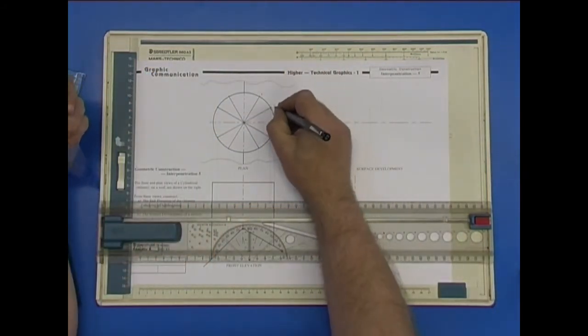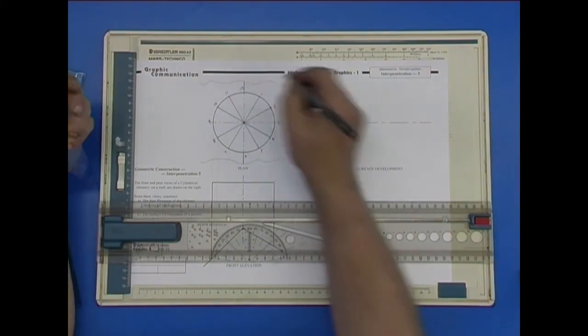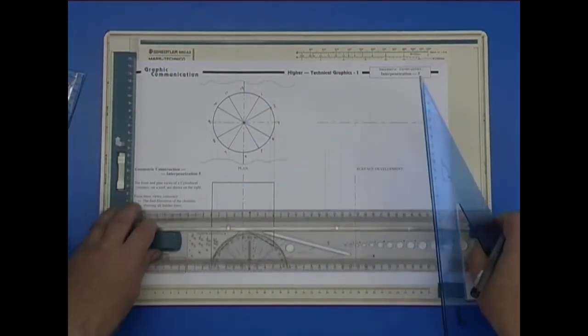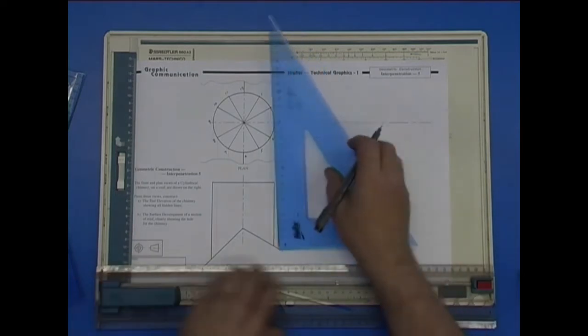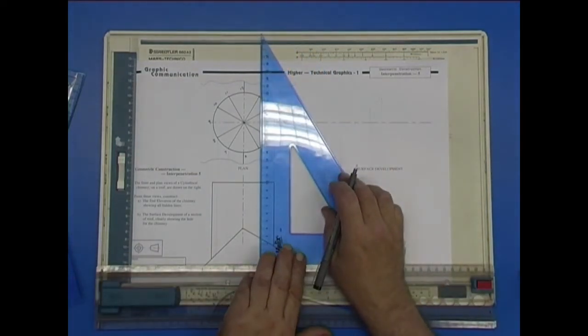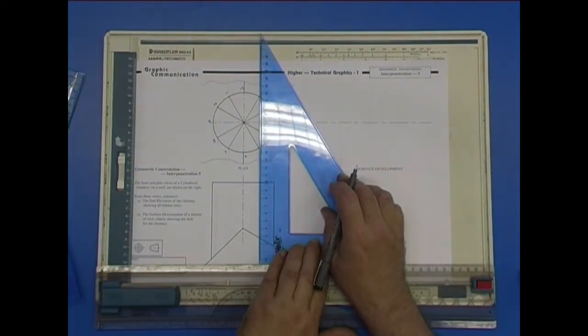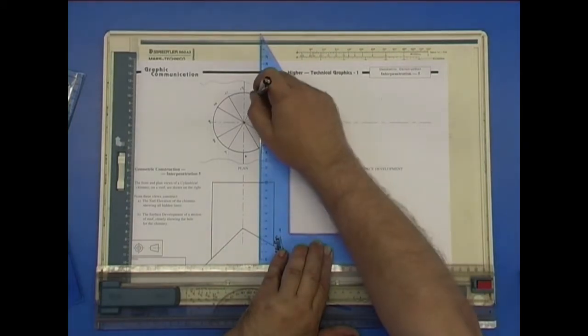Starting at one, I'm going to number them. I'm then going to project down each one to where they cut onto the roof of the front elevation.